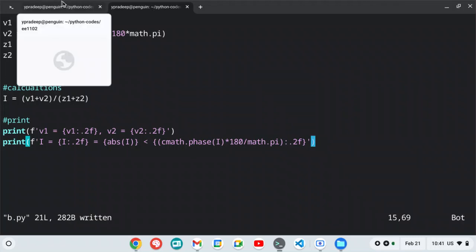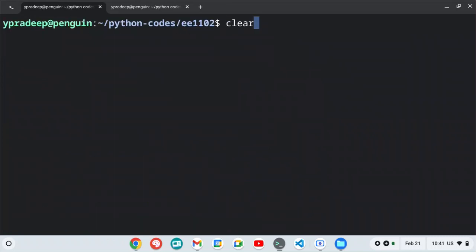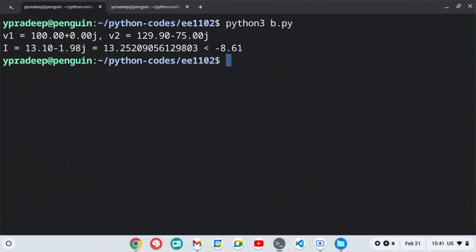Let us see. Yeah, I'm getting minus 8.61 degrees for the current. 13.252. There also I can format the number of decimals.